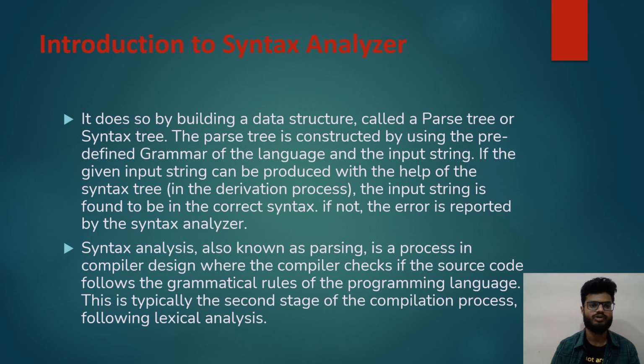So how does it do this? It uses a data structure, and the name of the data structure is parse tree. In that parse tree, if the language is constructed using certain predefined grammar rules, then it will produce the output, or else it will return false.